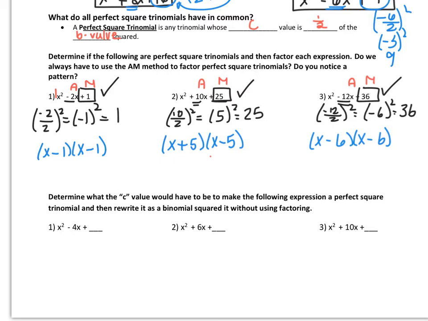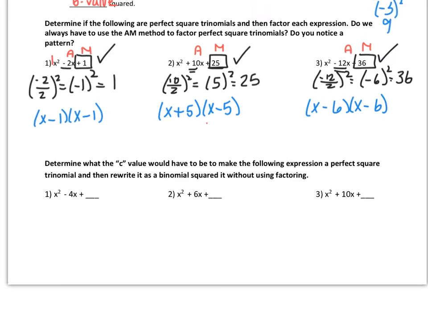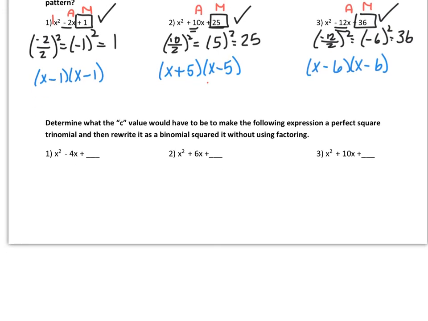Okay. So now what we're going to do is start from scratch. If I don't give you the c value, can you tell me what it would be? So I want you to half the middle term, so half of b, square it. Half of negative 4 is negative 2.